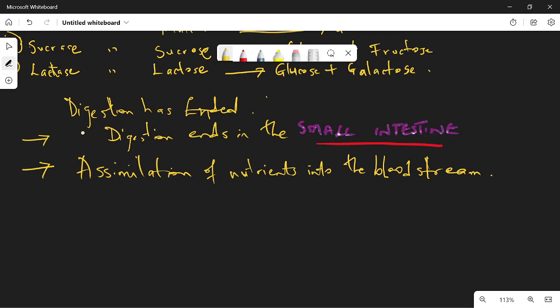So how does that happen? Assimilation or absorption of nutrients into the bloodstream. How does that happen? Now, the small intestine is lined with some structures that make it possible for sieving to occur. What do I mean? Sieving.